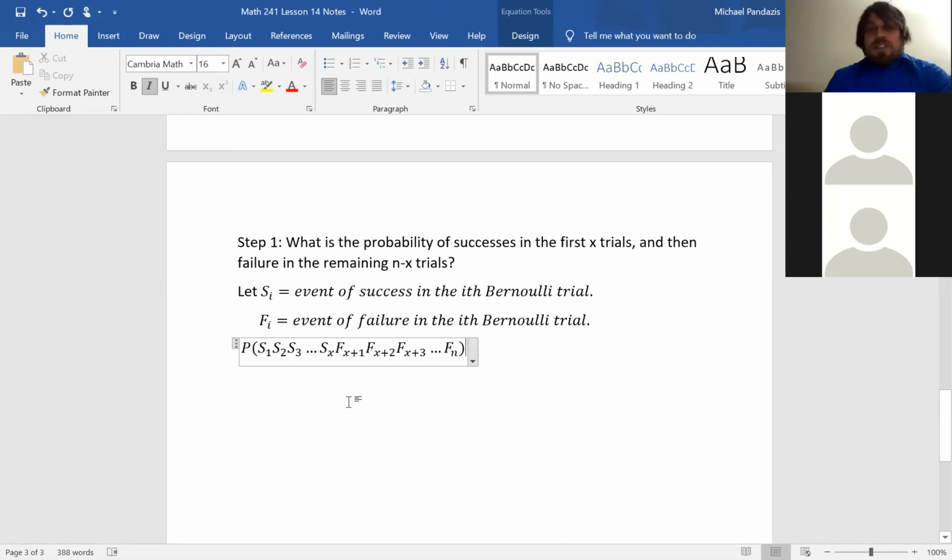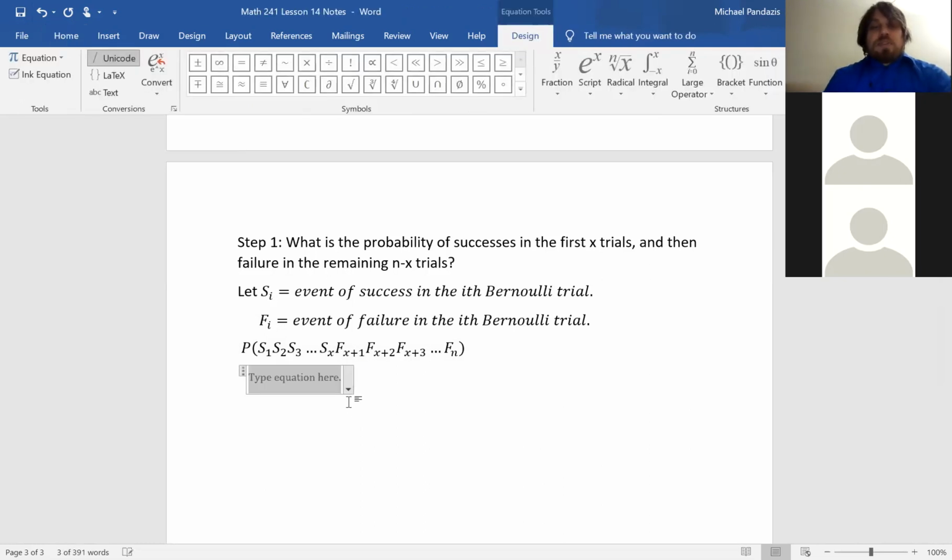These events are independent events, meaning that the probability of their intersection is the product of their corresponding probabilities. Let me write it and it'll make it easier to see. This is P of S1 times P of S2 times P of S3.